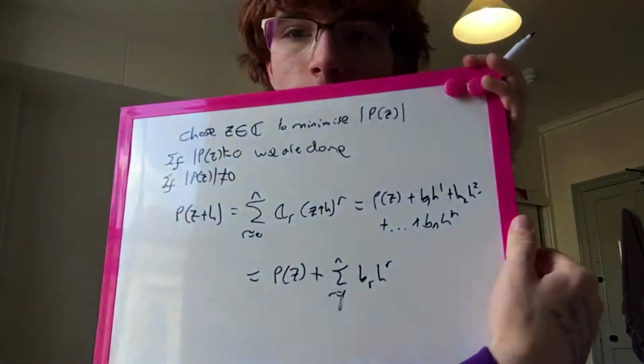But then we also have b_1 h to the power of 1 plus b_2 h to the power of 2 plus dot dot dot plus b_n h to the power of n. That is to say, it is equal to p of z plus the sum from r equals 1, because the constant is unchanged, of b_r h^r. That's this thing.